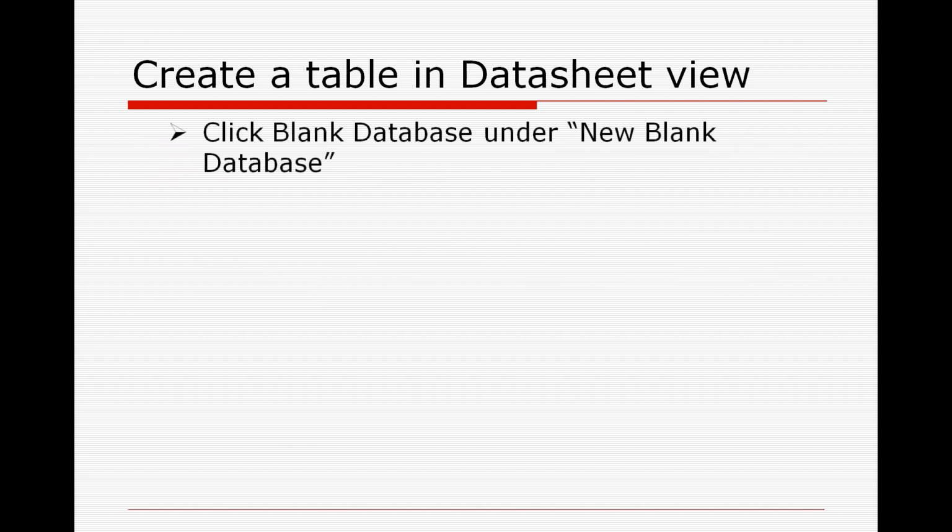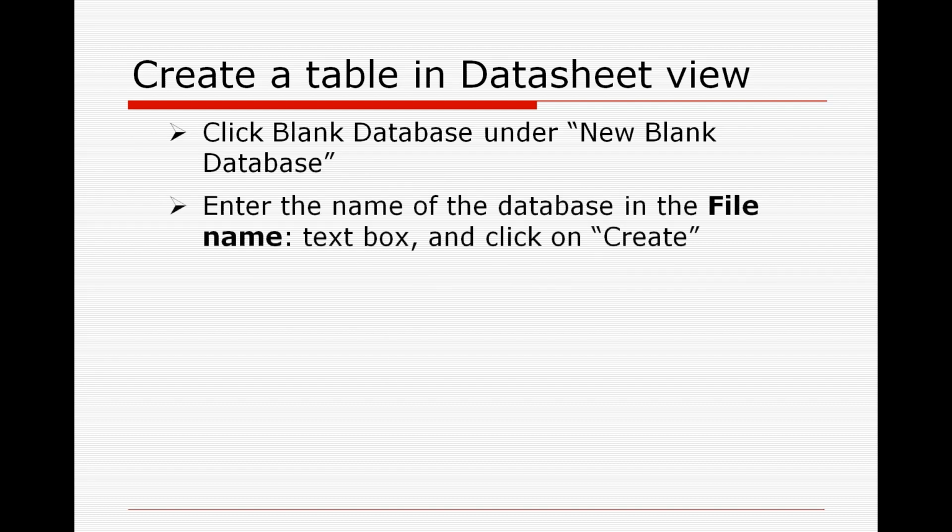This is again about creating a table in Datasheet View. Click blank database under new blank database. Then you can enter the name of the database in the file name text box and click create. That is how you create your database, right?